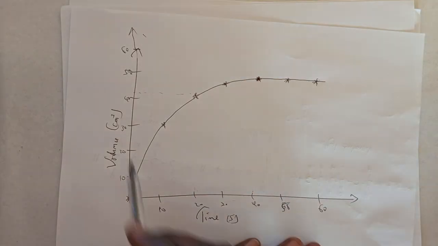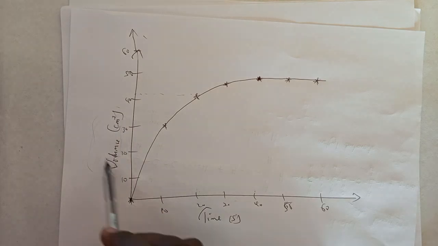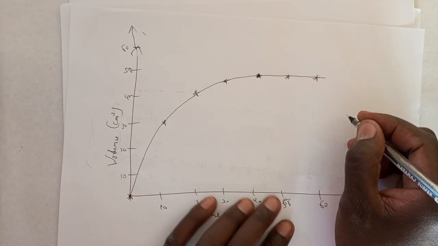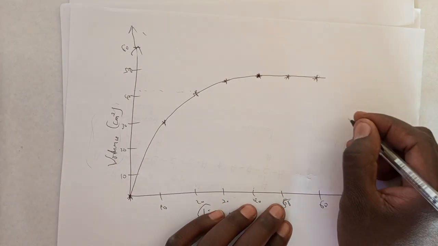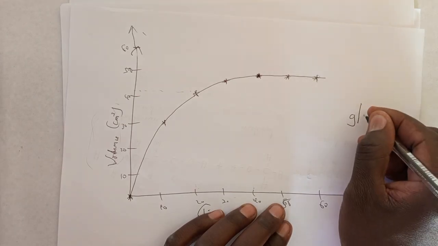So, depending on what you've been given, you will be able to successfully calculate for as long as you take into consideration what you have been given. If you've been given mass, then the units for rate of a chemical reaction are going to be grams per second.